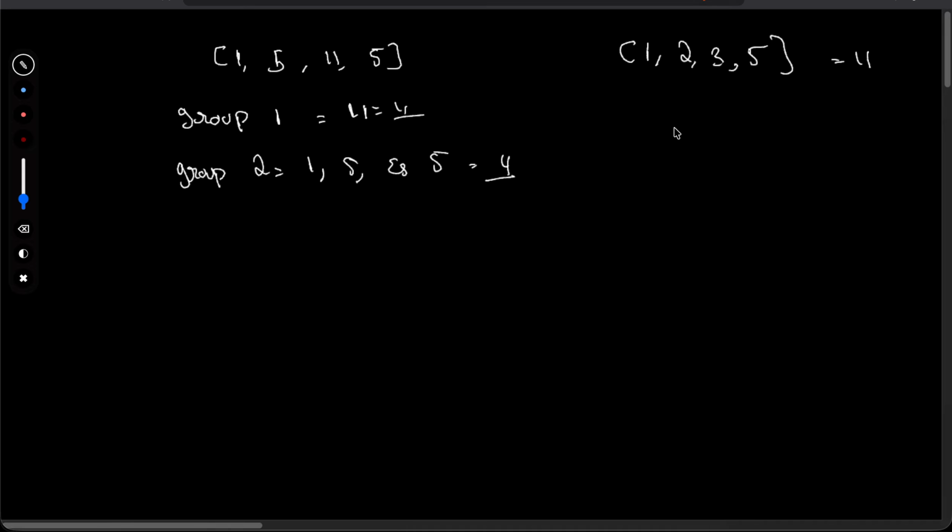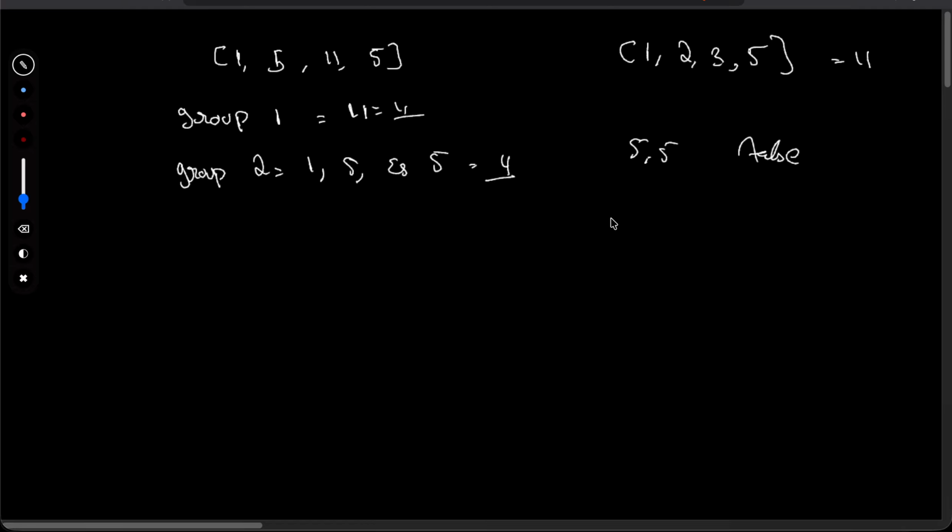If we try to divide this into two equal groups, each group must have sum 5.5, but the sum must be a whole number, so this is impossible. So the answer is false.